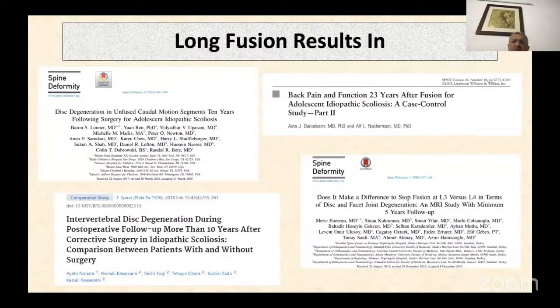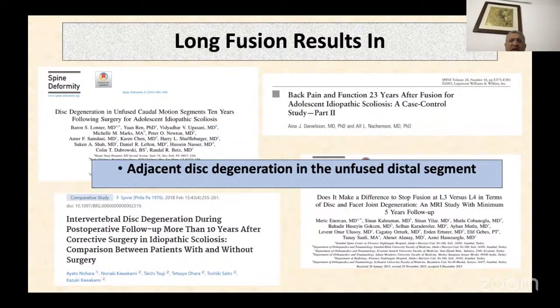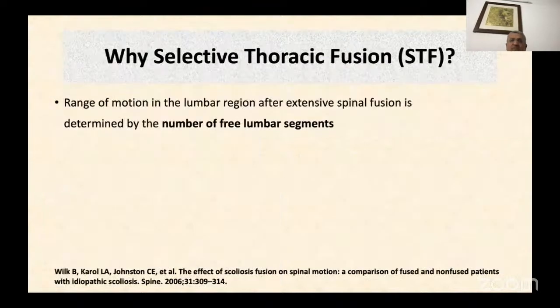However, we do know that long fusions over a period of time can cause degeneration of the disc, and also it can cause other problems like facetal degeneration. Therefore, it's very, very important that the unfused distal segment should be as short as possible.